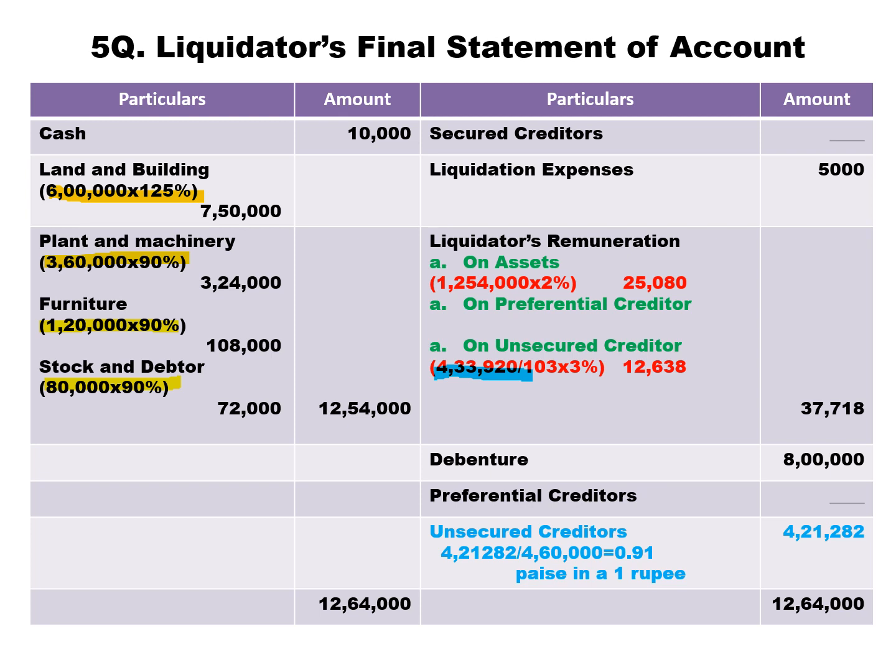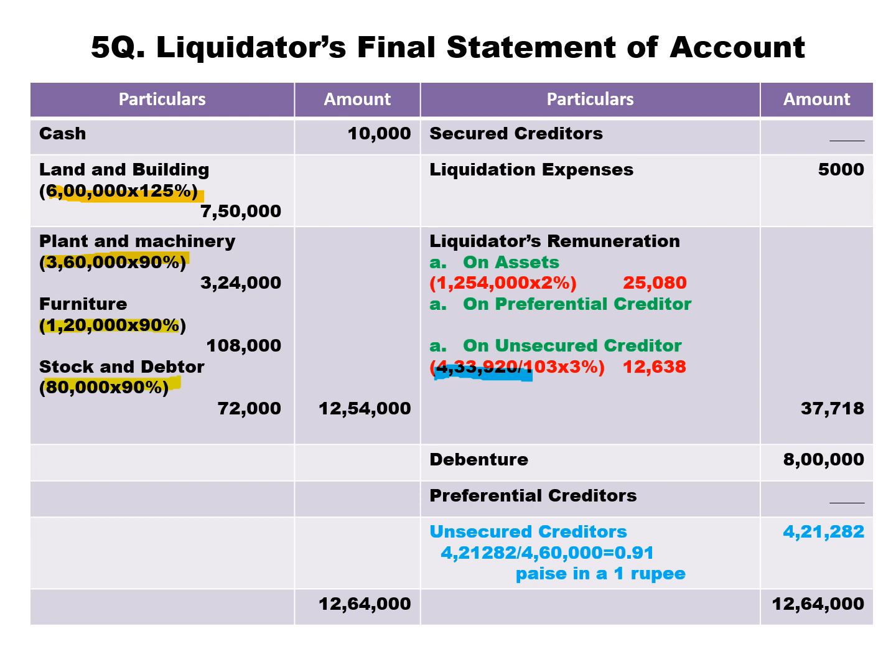So after the liquidator remuneration, we need to pay debentures of 8 lakh. Then we have to pay preferential creditors, but there are none. So the leftover amount is 4,21,282. This is the amount payable. How did you get this 4,21,282? Debit side total 12,64,000 minus expenses 5,000 minus remuneration 37,718 minus debentures 8 lakh.